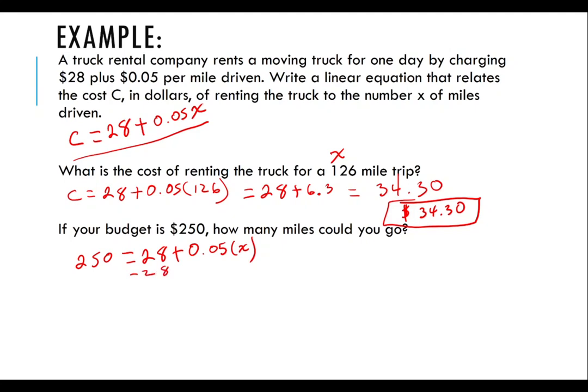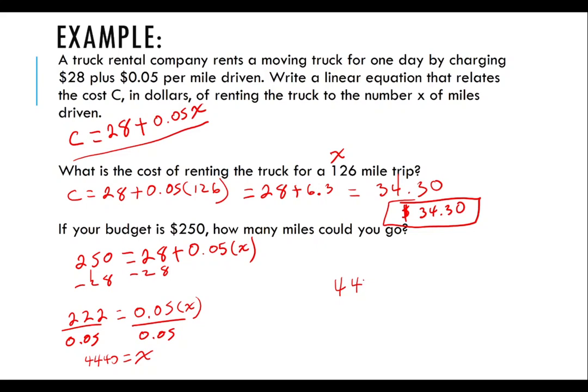So minus 28, that is 222 is equal to 0.05 times x. Then divide by 0.05, divide by 0.05. I get that then 4,440 is our value for x. So we could go to a total of 4,440 miles if that was our budget.